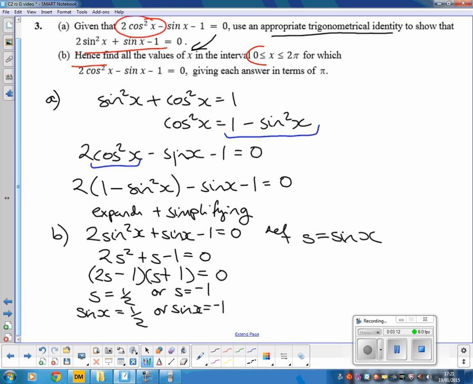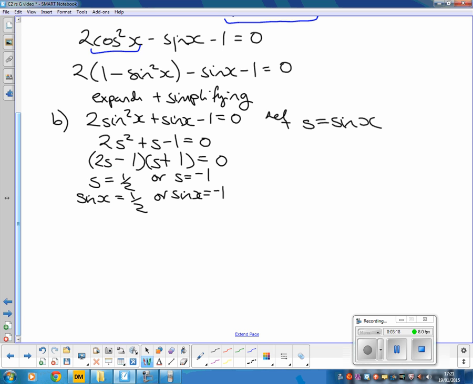Now before I go any further, I'm just going to check in the question. So the question said interval 0 to 2 pi, and give each answer in terms of pi. That means it's going to be in radians. So make sure you've put your calculator in radians. Sine x equals a half is going to give us that x is 1 over 6 pi, or 5 over 6 pi.